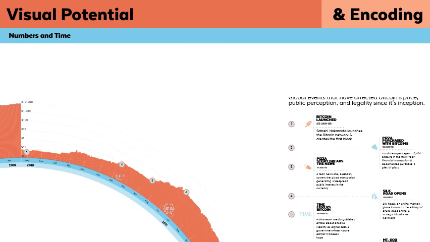I foresee certain complaints to be made against the way I have encoded my time and numbers display, and I would like to address them as well as state different ways in which I have tried to resolve them. For the time display, events are not equidistant from each other by themselves. So for instance, an event in 2009 will be just as far away as two events that have happened simultaneously in 2010.